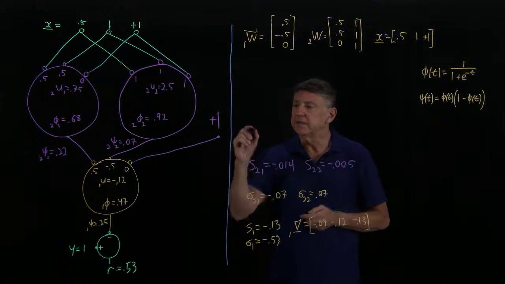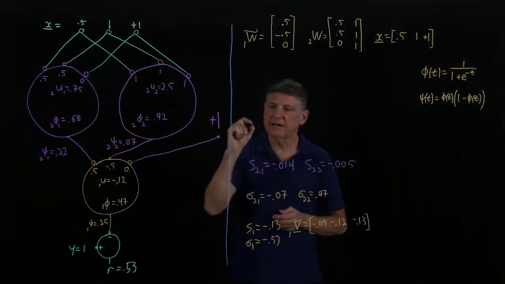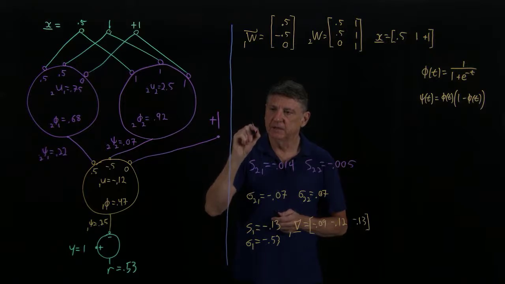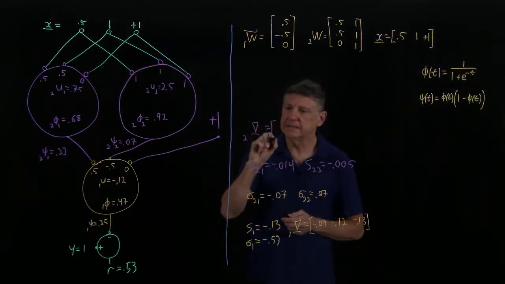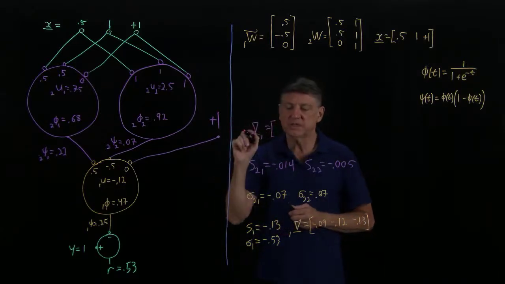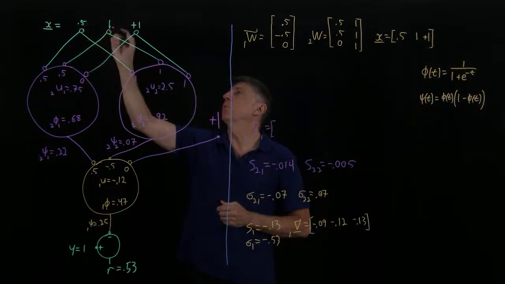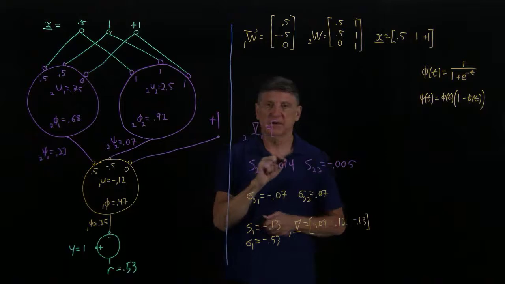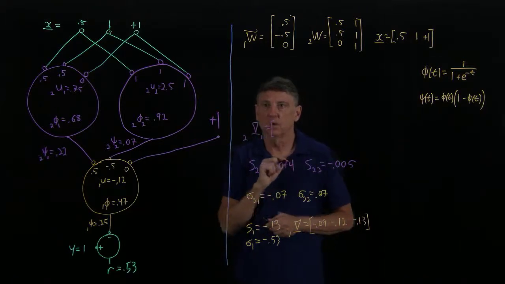That means, so what's the gradient contribution for this neuron? Well, I'll write that as the gradient contribution for layer 2 neuron 1 is what this neuron sees times its scale factor. What it sees is 0.511. The scale factor is minus 0.014.